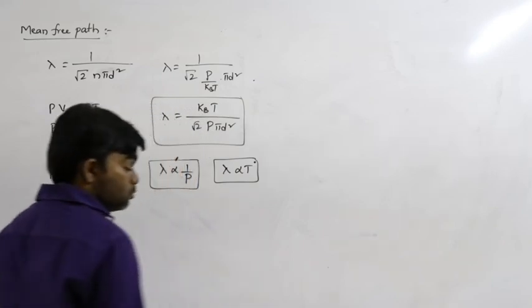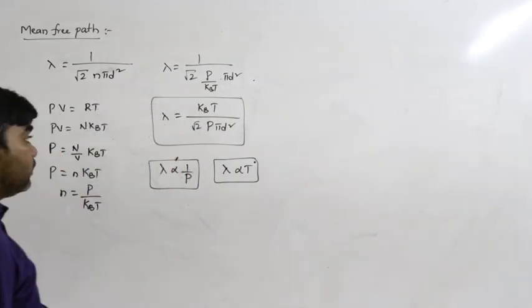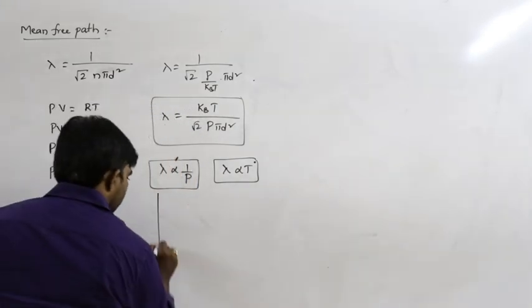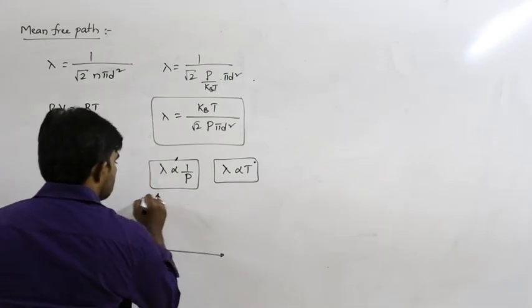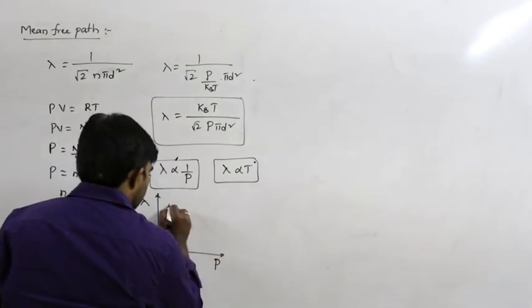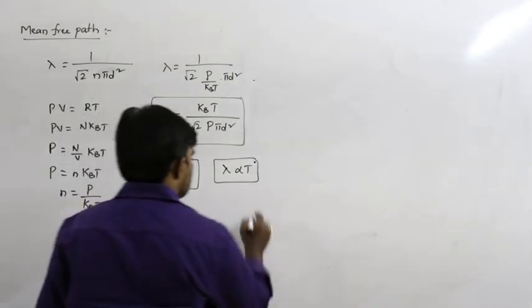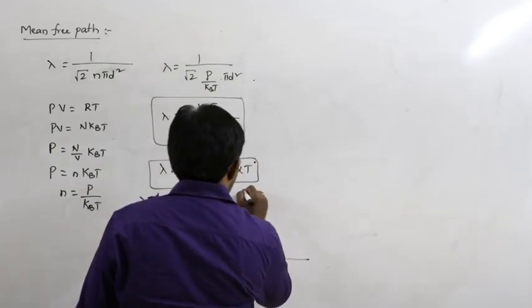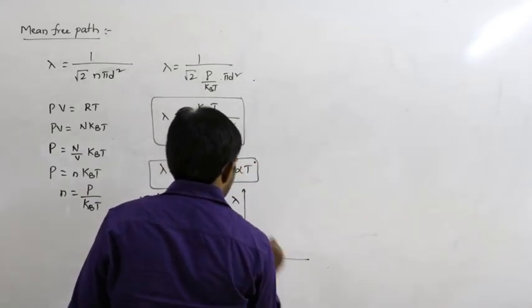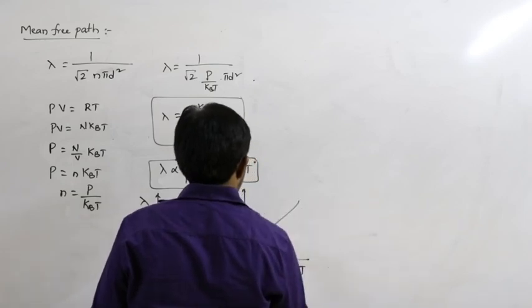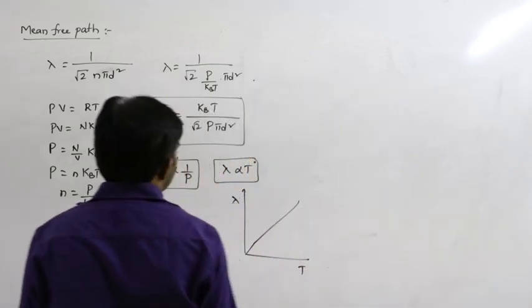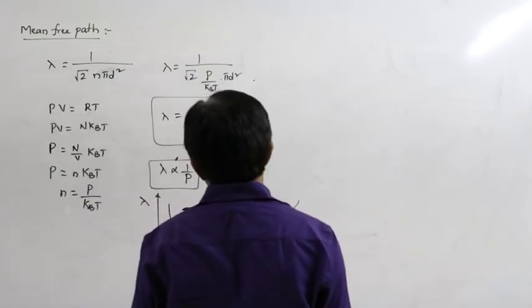If the temperature is more, the mean free path is also more. If you draw the graph, lambda versus pressure is inversely proportional, like this, and lambda versus T is directly proportional, like a straight line passing through the origin.